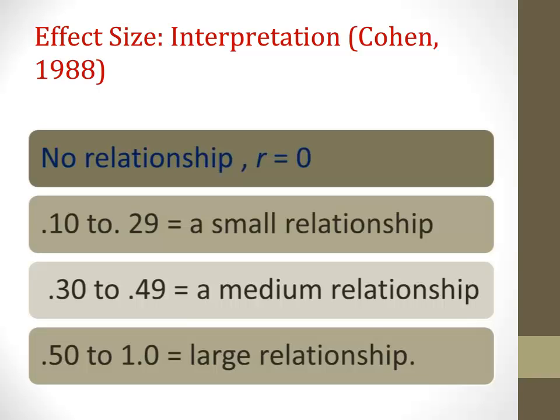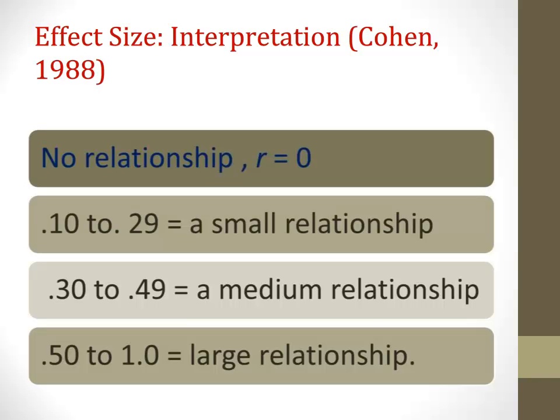As we see here, this is equivalent to a Cohen's d of about 0.5 to 0.6, a moderate or medium effect size, or a partial eta squared of 0.06. So this concludes our discussion of defining effect size and interpreting effect size.